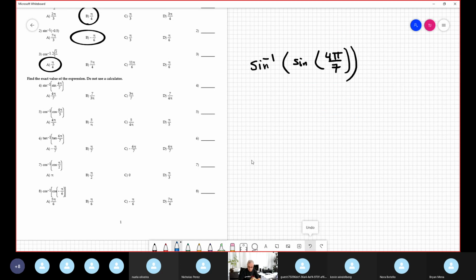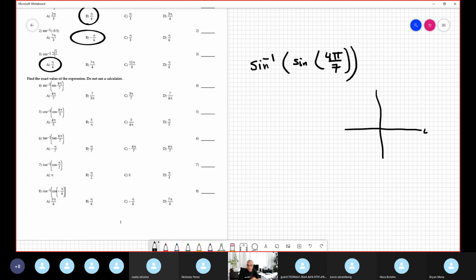Okay. The first thing is to determine in what quadrant 4 pi over 7 lies. I am not familiar with it because it's not one of the basic angles that we discussed before, but it's okay. I try to understand. Because my imagination is, look, in radians it's a little bit complicated.